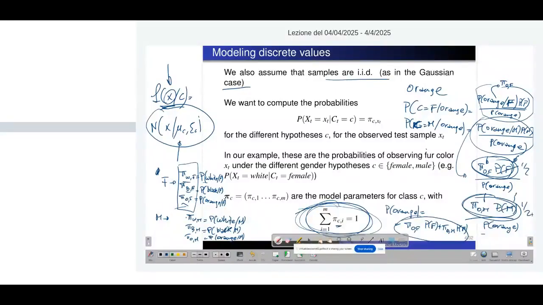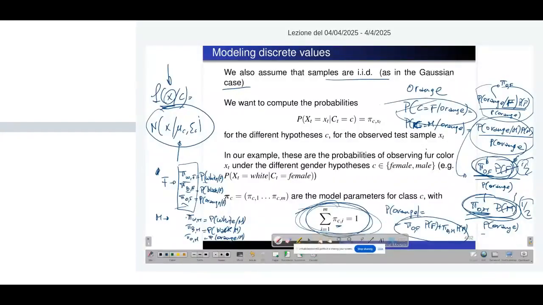And then we have everything to compute the class posterior probabilities. In this case, the class posterior probability will be proportional to the likelihood, so to the parameter pi that we have estimated. So if pi for the orange female is larger than the pi for orange male, in this case with the same prior probability, I would say that the class is female. So an orange cat for me is more likely to be a female cat when the prior probability for the two classes is the same.